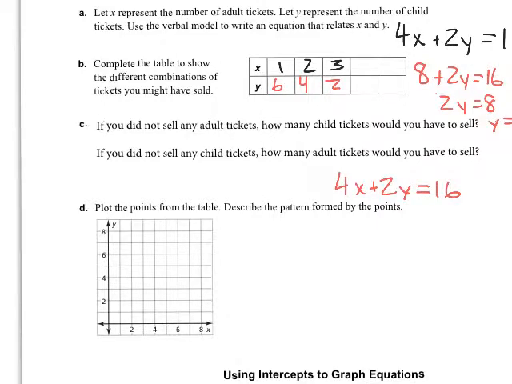To figure this out easily, I would simply plug a 0 in for X. That would wipe this term out completely, and if I divide by 2 on both sides, I end up with Y is 8. So if I did not sell any adult tickets, I would have to sell 8 children's tickets to make that $16.